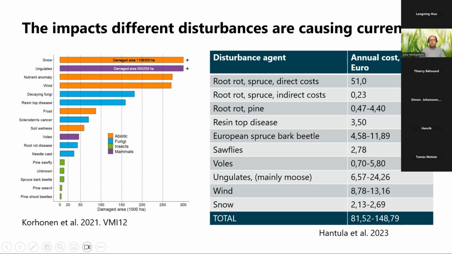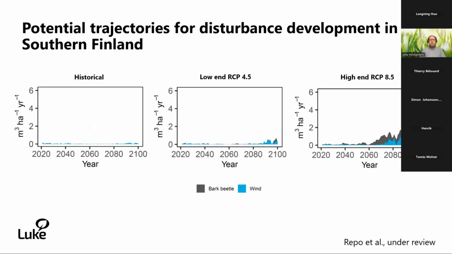So that is the situation at the moment, and how we are expecting that to change in the future. We've done some simulations in a landscape in southern Finland. It's a typical southern boreal landscape, and we simulated business as usual forest management from 2020 to 2100 in 3 different climate change scenarios.